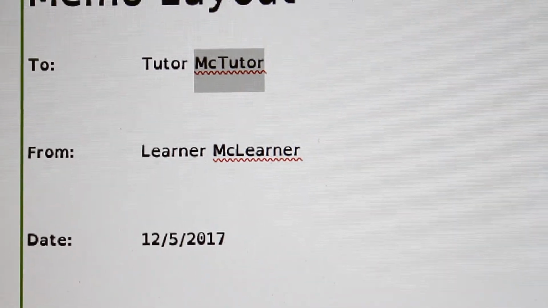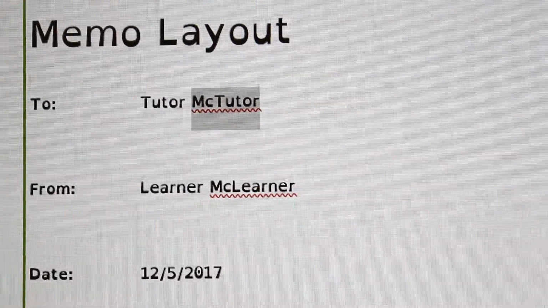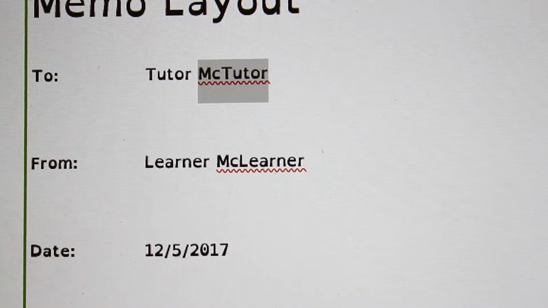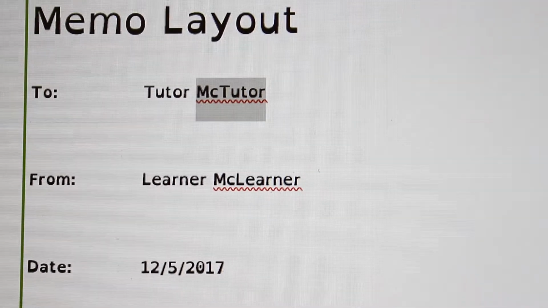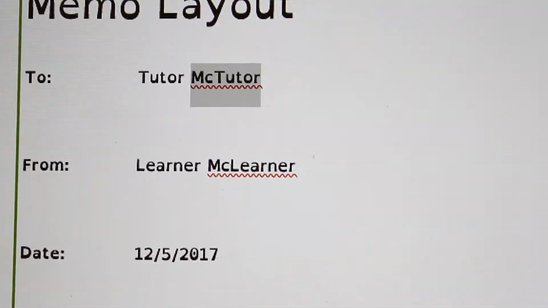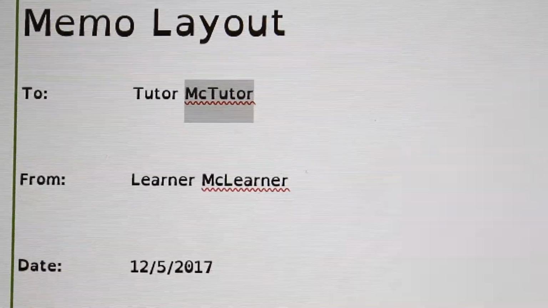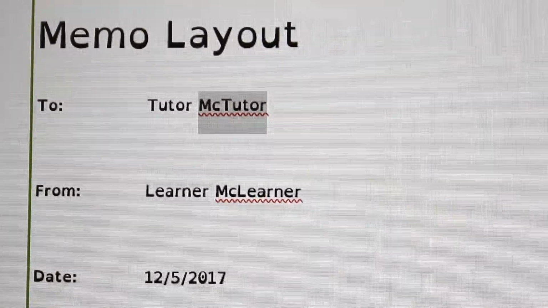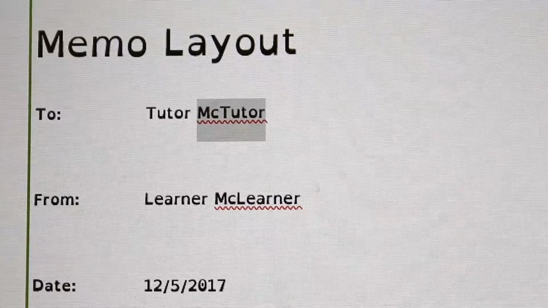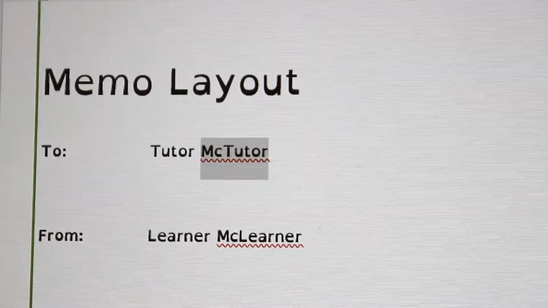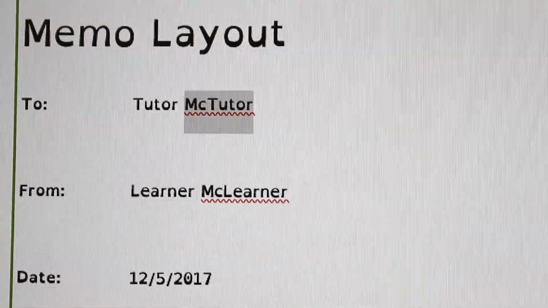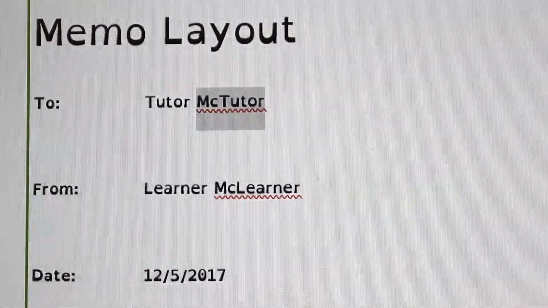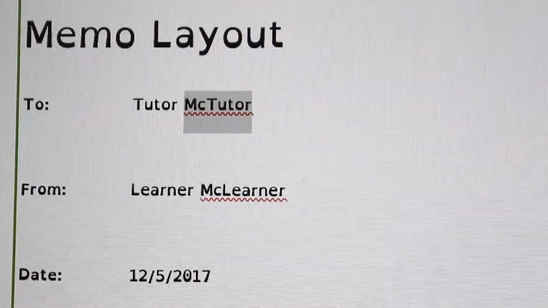You can also check to see if a word is spelt correctly by having a look to see if there's that red squiggly line. That red squiggly line means that that word is either spelt incorrectly or it's not a word that the program recognizes. Now, let's say that's a word that we want the program to recognize. We say, hey, we don't want that to be considered incorrect.